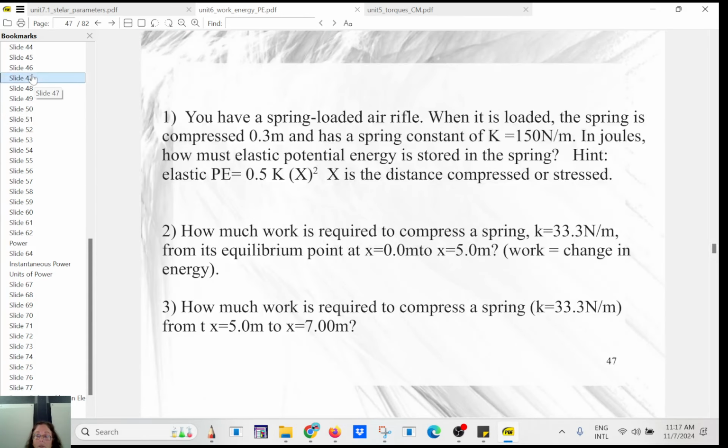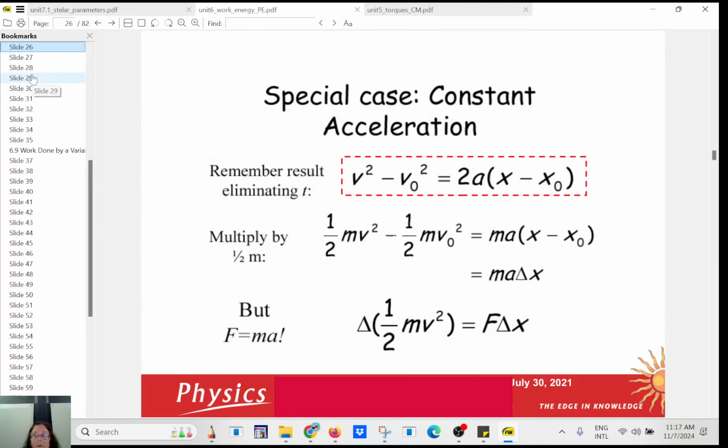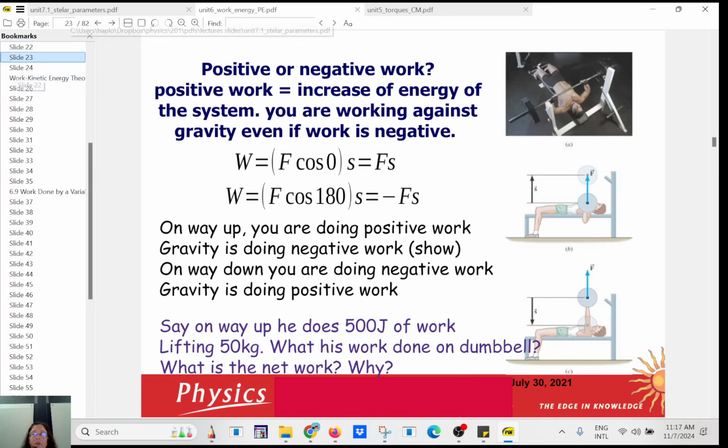So we go back to the dumbbell example. Even if you are tired, you lift the dumbbell, you lower the dumbbell, the net work will be zero on the dumbbell, by you on the dumbbell, right? Even if you get tired, that's the idea. But the net work done on the dumbbell will be zero, and you are going back to the initial position.